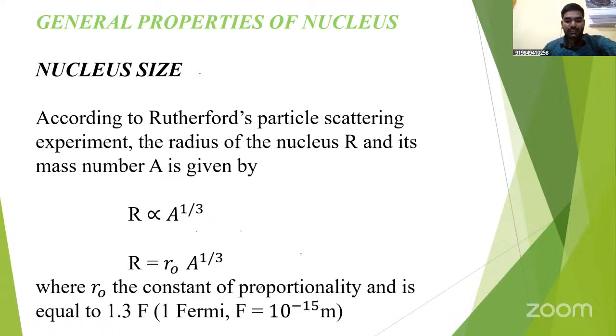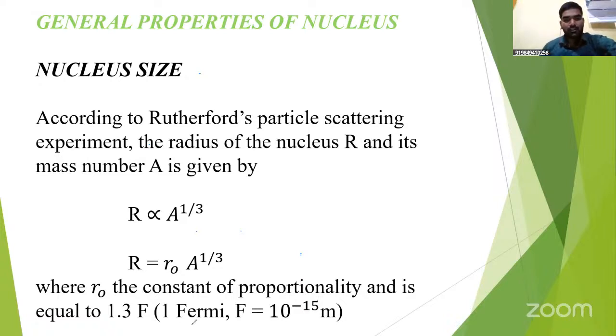Rutherford, as a result of his experiments on alpha particle scattering by a thin metallic foil, concluded that the distance of closest approach of the alpha particle to the nucleus of the scatterer can be regarded as a measure of the size of the nucleus.